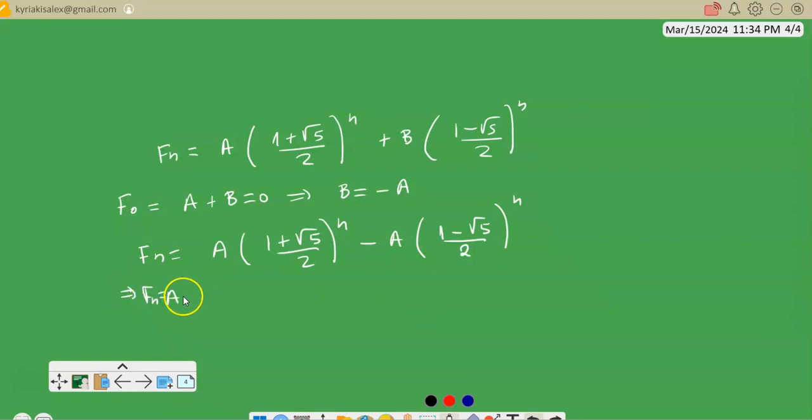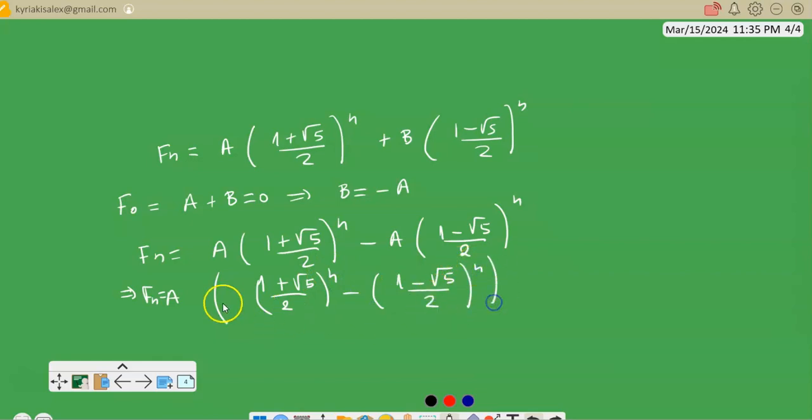I can take common factor the coefficient a, and I have inside the brackets 1 plus square root of 5 divided by 2 to the power of n minus 1 minus square root of 5 divided by 2 to the power of n.